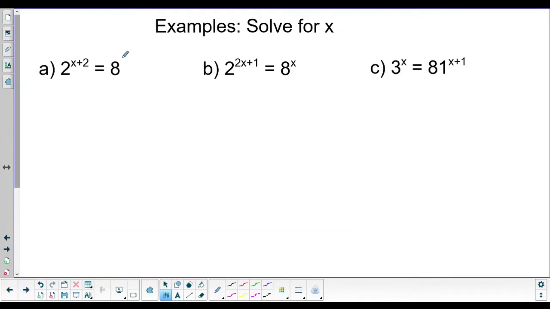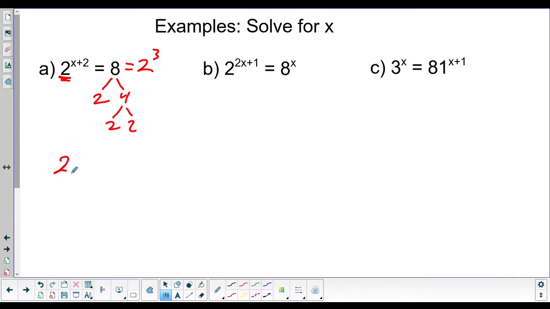So we have 2 to the x plus 2 equals 8. So we're going to factor the 8. So 2 times 4, and 4 is 2 times 2. We're trying to get 2's because that's the base we have. So we have 1, 2, 3 2's. So 8 is 2 to the third power.